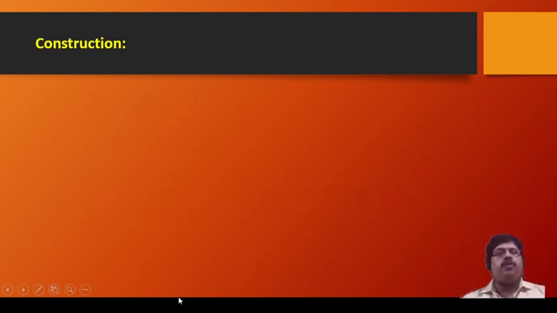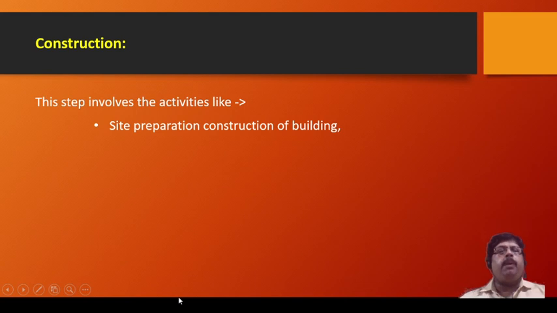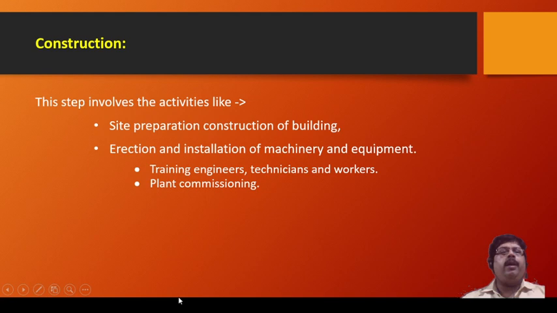Next is construction. This phase involves activities like site preparation and construction of the building, which means you need proper preparation for the construction of the building. Then erection and installation of machinery and equipment.